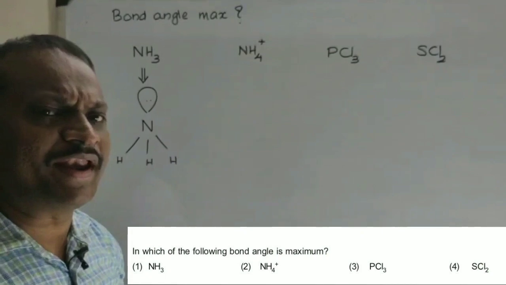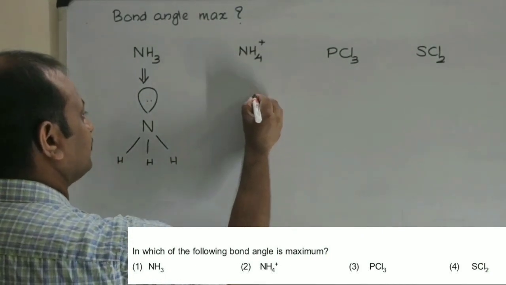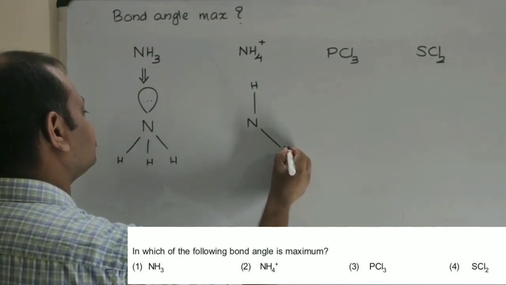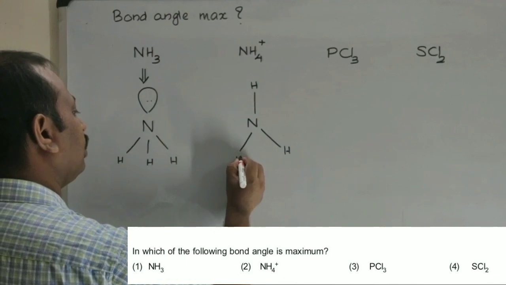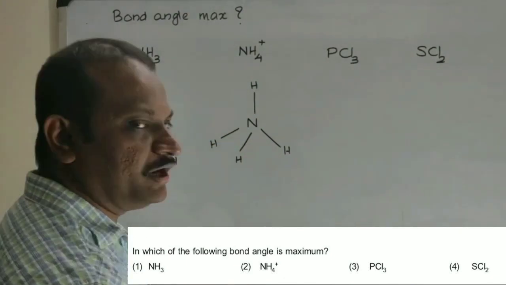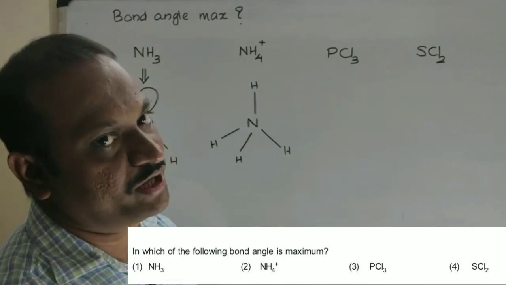But when we come to NH4 plus, you can see that there is no lone pair. And PCl3 is exactly like ammonia.